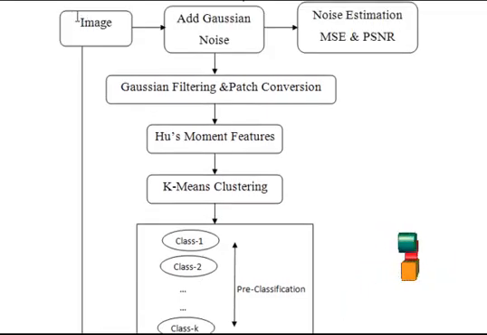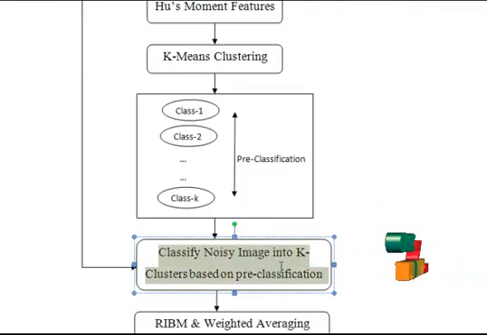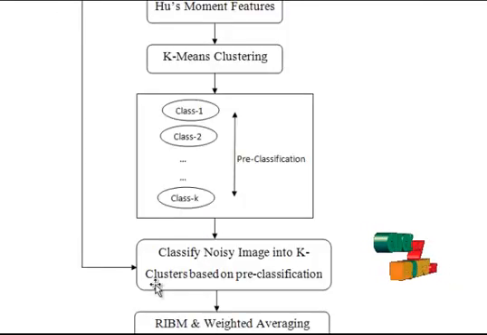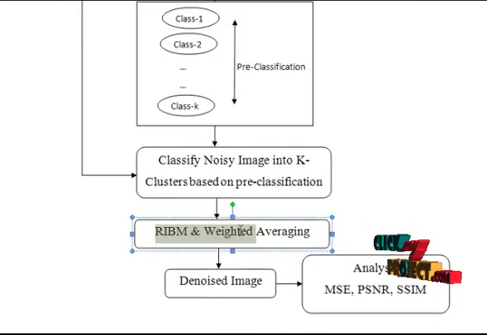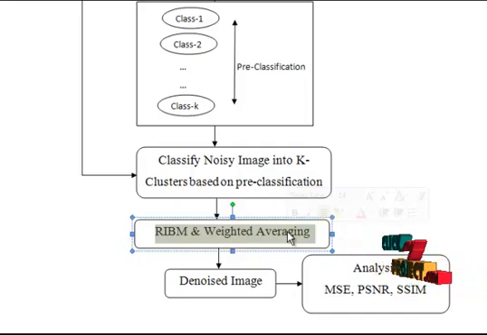Now you take the original noisy image and use this pre-classification as a lookup table to assign patches to clusters, then subject it to RIBM, that is rotation invariant block matching, and calculate the weighted average, which is always used in NLM.